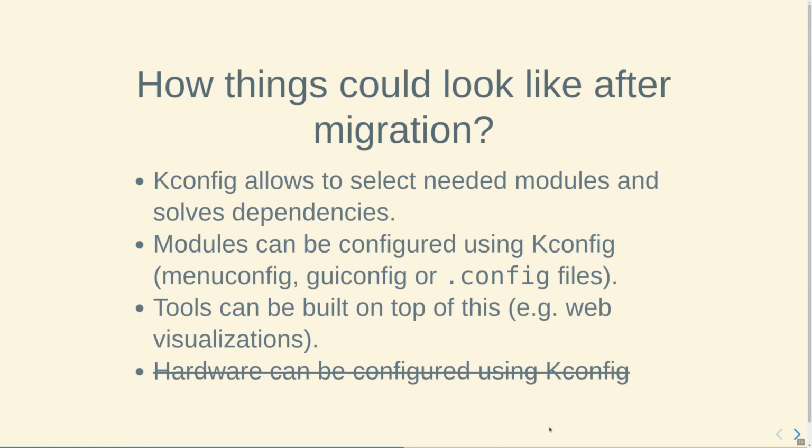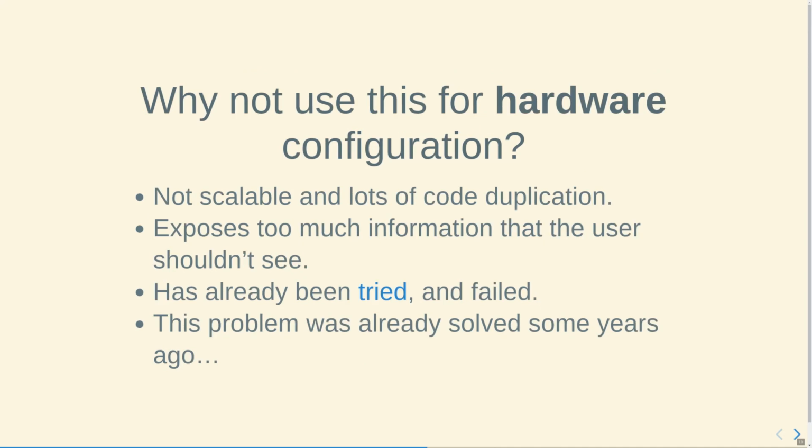At first, we thought that hardware could also be configured using kconfig, but there are some reasons not to do this. First, it's not really scalable. There is a lot of code duplication if you want to express the hardware configuration using kconfig files. It would expose too much information that the user shouldn't really see, which is the actual current case in the periph_conf header files.